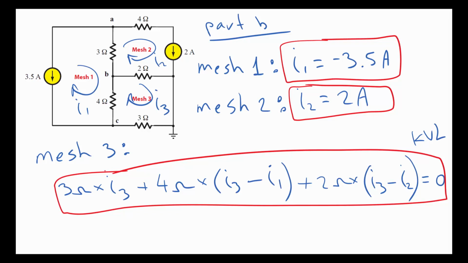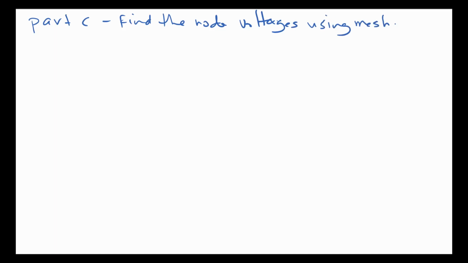Okay, so now let's move on to part C and find the node voltages. However, before we do that, we are going to have to find the numerical value for I3. So we're doing part C now, and that is to find the node voltages using mesh currents.